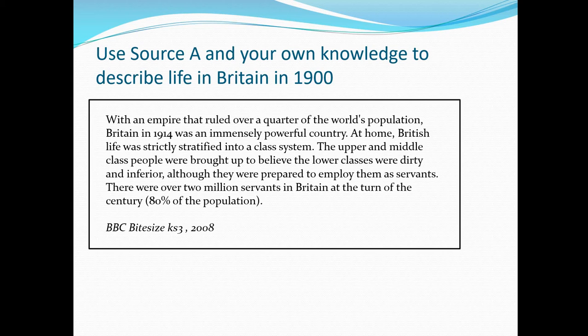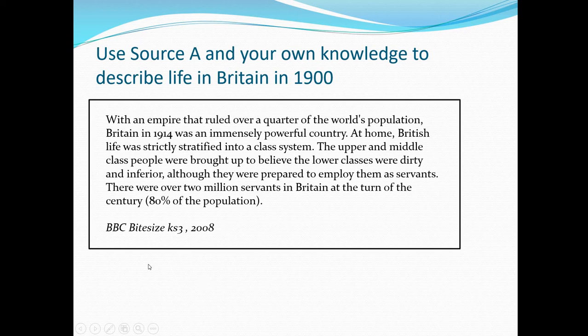That was their job. They worked in the big houses, in your Downton Abbeys, as servants, or they worked as servants to the middle class. They were housekeepers, perhaps chauffeurs, butlers, all these kinds of things. A lot of the country were working as servants to the upper classes in 1900. So that comes from the BBC Bitesize website. It's quite a reputable website. It's known for helping pupils with exams, so it's quite reliable, and it was written in 2008.